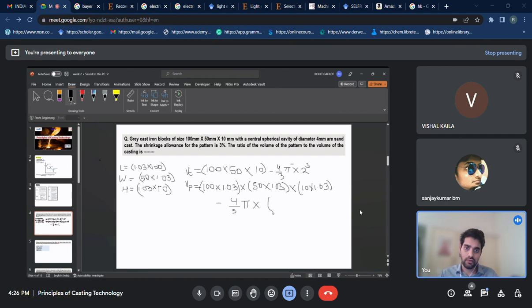If you do it the conventional way, suppose you increase the width of 50 mm by 3%, that is 50 into 3 by 100, then you have to add it to 50 mm. So you write it as 50 plus 50 multiplied by 3 by 100. If you take 50 common, it comes as 50 in bracket 1 plus 3 by 100.